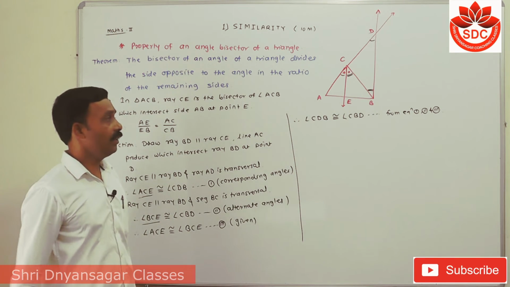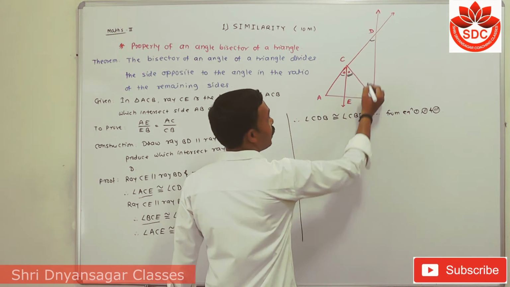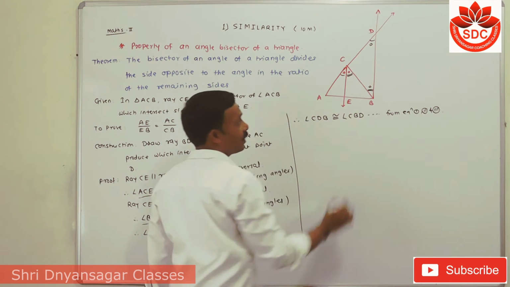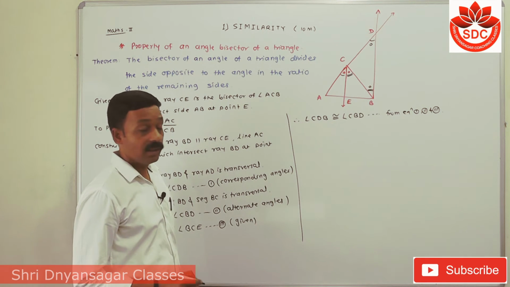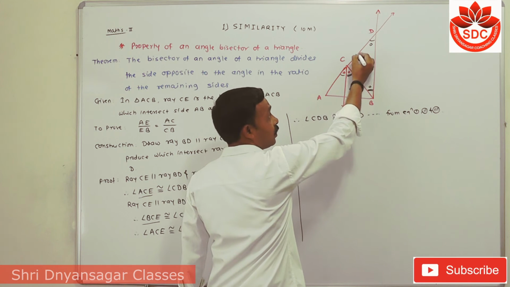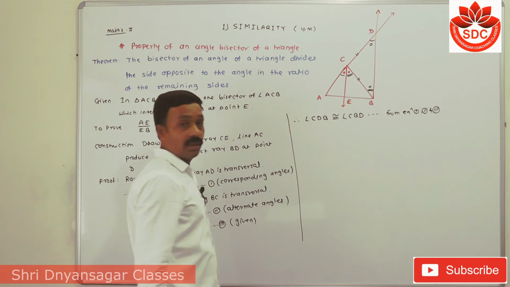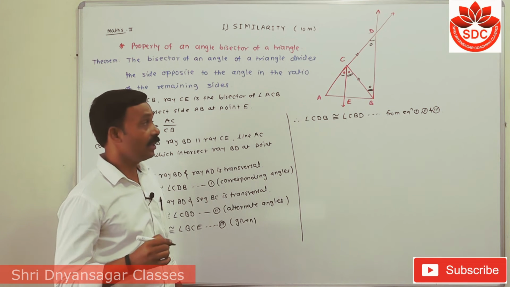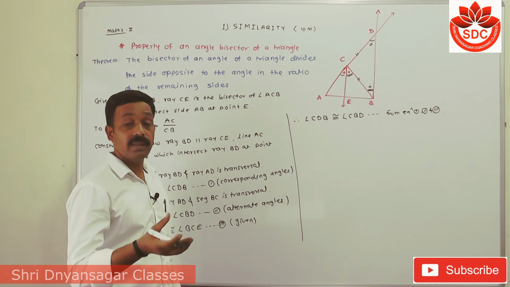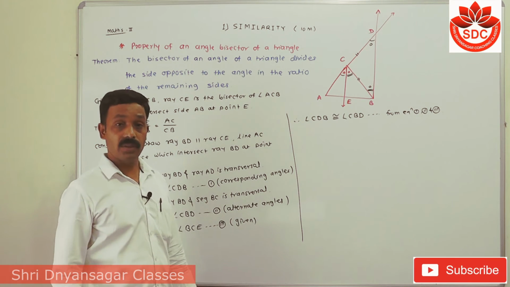Now look here in the figure. If these two angles, CDB and CBD, are congruent, then the two sides opposite to them are also congruent, because this is the isosceles triangle theorem. That is, if two angles are congruent, then the sides opposite to them are also congruent.